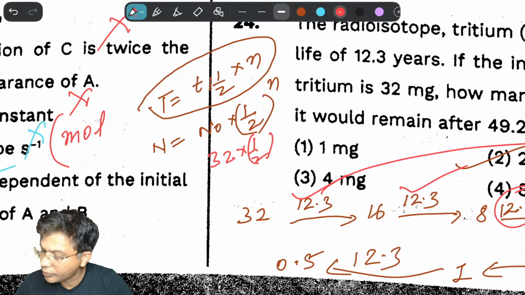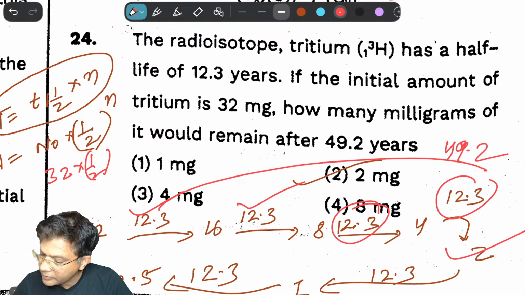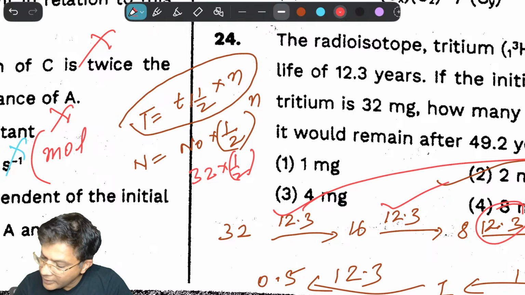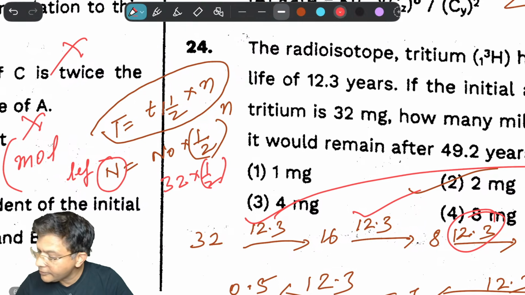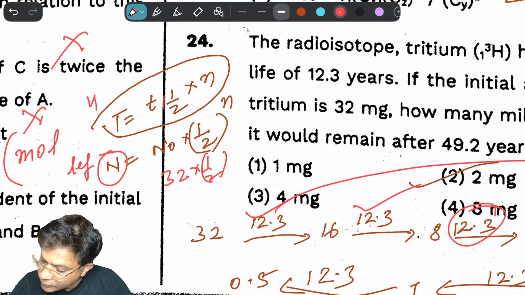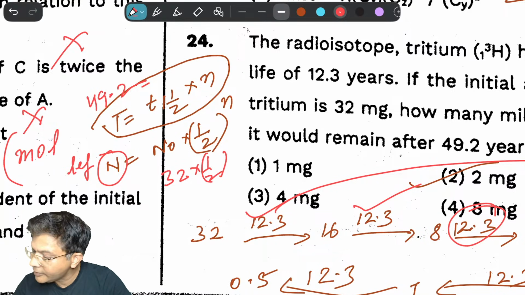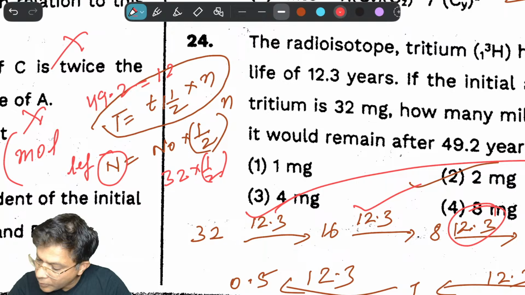I will tell you how to calculate. This is the initial amount and N is the left amount. We can calculate the left amount. Total time they have given 49.2 years, and t half they have given 12.3 years. So n value we can calculate.